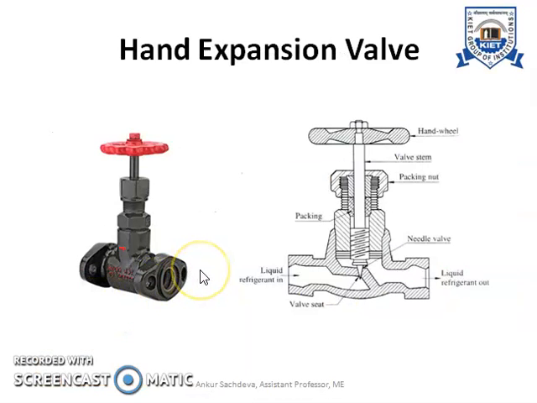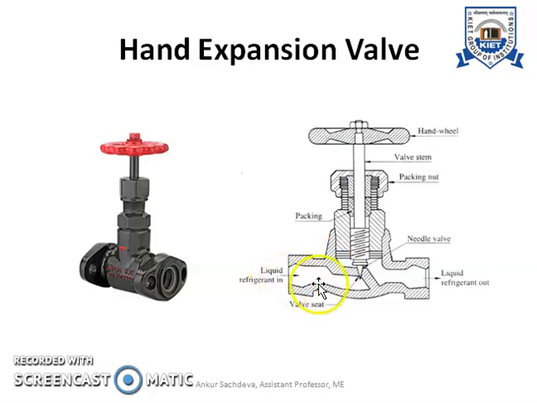Now this picture illustrates the hand expansion valve. In these hand expansion valves, as you can see here, we have a hand wheel provided at the top, which is connected by means of a valve stem to the valve, and finally the valve rests on the valve seat as shown here. Here we have a needle valve and it rests on the valve seat, and liquid refrigerant is coming from the left hand side.